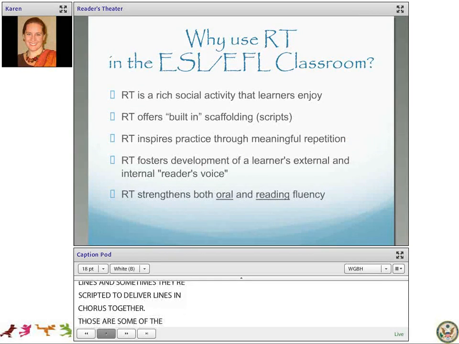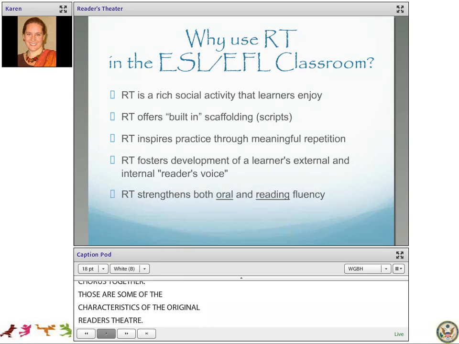So if we take this as something that adults enjoy participating in, why should we take reader's theater to the ESL or EFL classroom? Well, I have a few reasons for that. First of all, reader's theater is a rich social activity that learners really do enjoy.